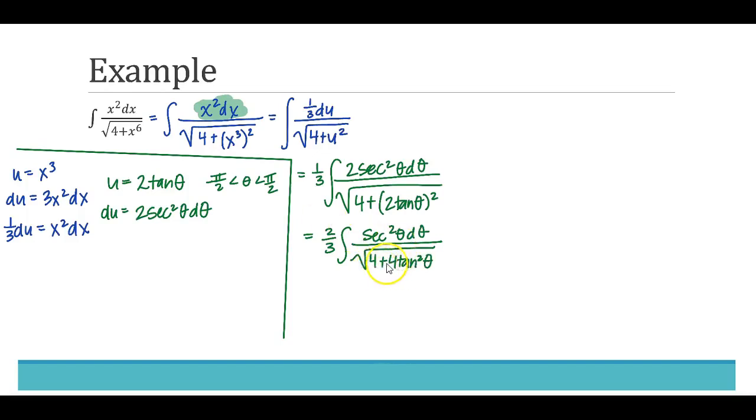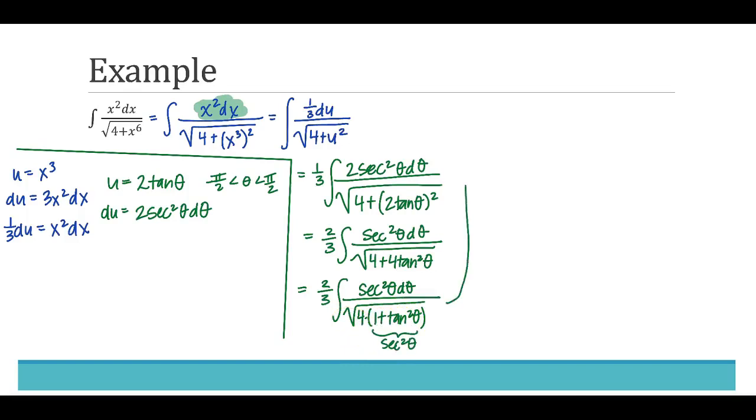I can take a 4 out of each term here, so I have 2/3 the integral of secant squared theta d theta all over the square root of 4 times 1 plus tangent squared theta, all in parentheses. Now, the square root of 4 is 2. I can take the square root of 4 because it's being multiplied here. And then 1 plus tangent squared, that's an identity. So 1 plus tangent squared is secant squared.